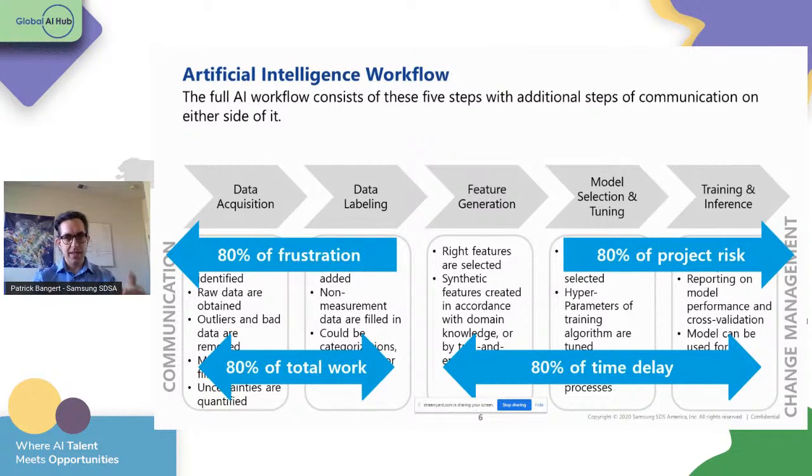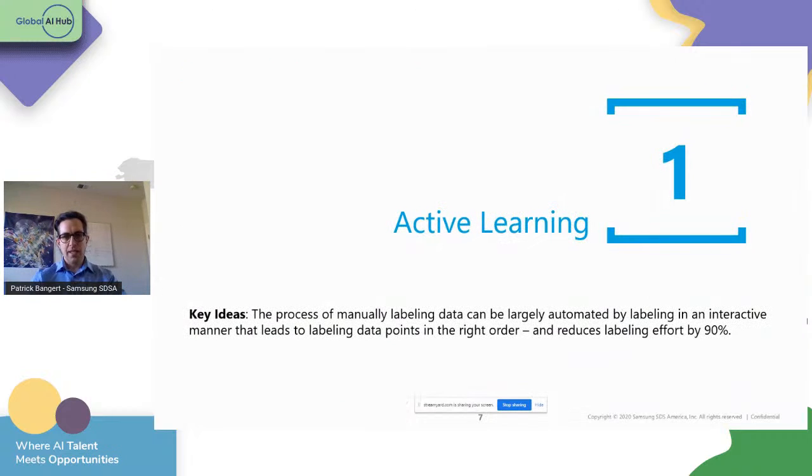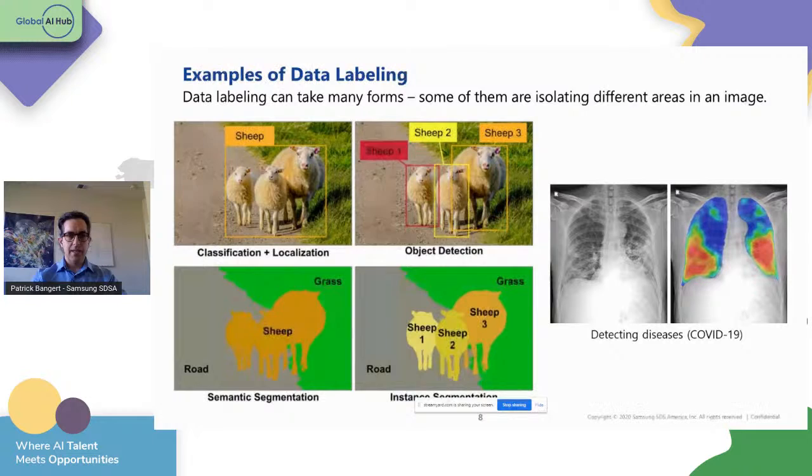And it begins with getting a clean data set. There is a process known as active learning, which can significantly help you by reducing that 80% workload. And it might go something like this. You have to label data. We discussed that in the workflow already. Labeling the data often looks something like this.